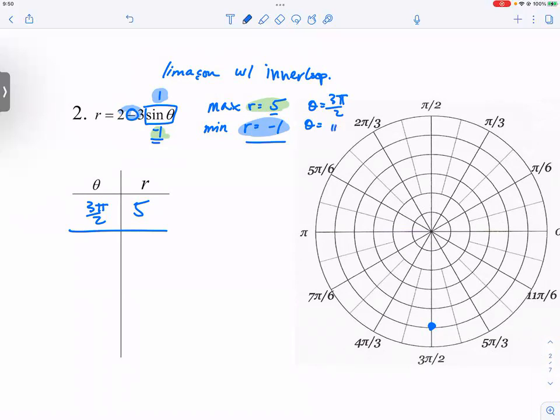That will be pi over 2. So that means when it's pi over 2, your R value is -1. So if you know that it is a Limaçon with an inner loop, you have an idea that the Limaçon will be facing south, down, whatever you want to call it.